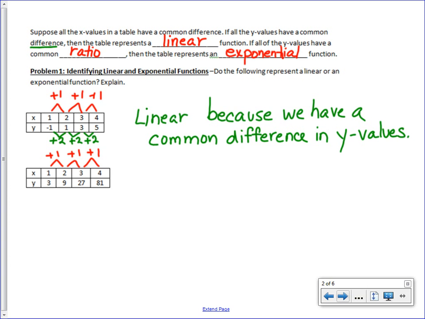All right. Another way to look at it is our slope, or our ratio, is the change in y over the change in x, and so we have 2 over 1, which is equal to 2, and that is our common rate of change.